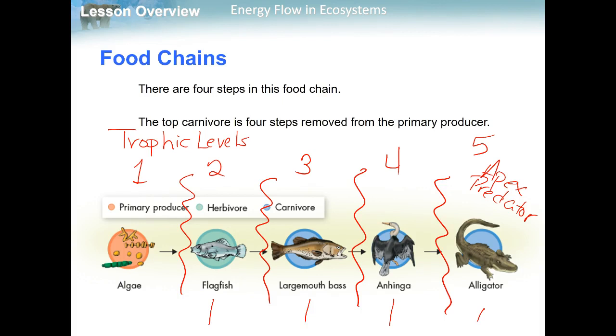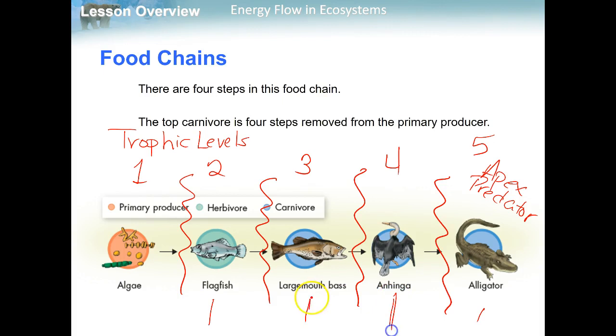Now I always like to ask this on a test, and I will put a picture and I will ask how many levels away is the deer from the sun. And if this is the sun and the deer is here, you're going to tell me one trophic level away, 1 step away. So if I had this picture, how many steps away is the onaga from the algae?